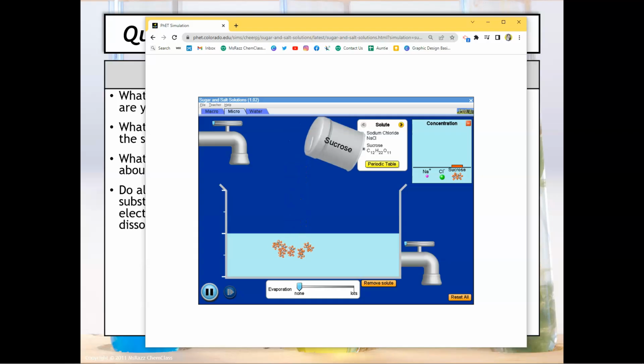And then, if you notice, sucrose does break up, but it breaks up into molecules, right? Notice how these are not charged. There's no charges on these. But it does essentially dissolve in water. So it looks like both of these substances break up in water, but the sodium chloride breaks up into ions, and sucrose breaks up into individual molecules.